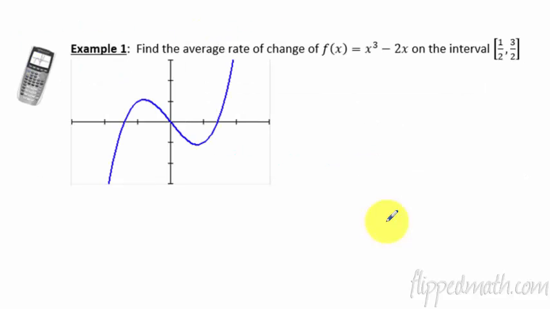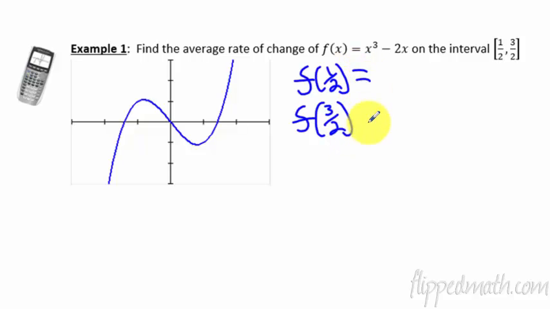We're going to do our first example. There's a calculator on this one, so you might grab your calculator to do this as well. It's not necessary to pull it out; you can just watch what I'm doing. We're going to find the average rate of change of this function on the interval 1/2 to 3/2. In order to find the average rate of change, we need to figure out what the y values are, so we're going to plug in 1/2 and 3/2 and see what that equals.